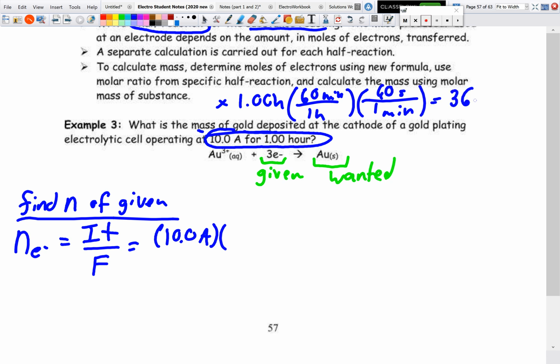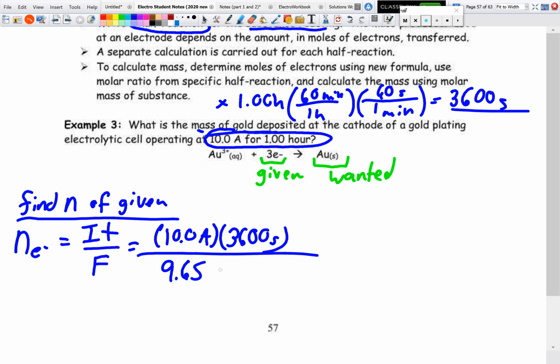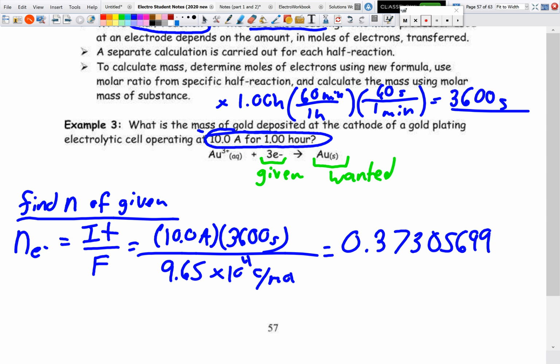That gives us 36,000 seconds, all over our Faraday's constant, 9.65 times 10 to the 4 coulombs per mole. In this case we get the number of moles of electrons to be 0.373 moles. Now that is of electrons.